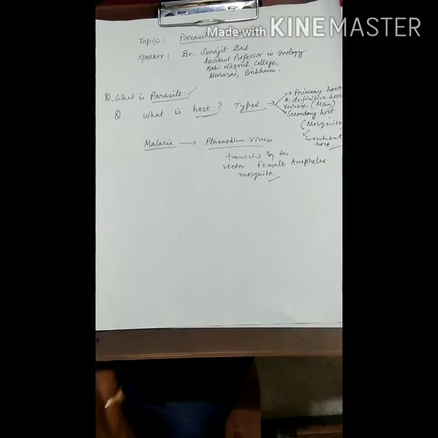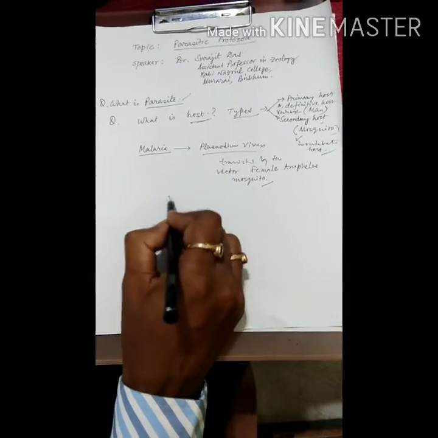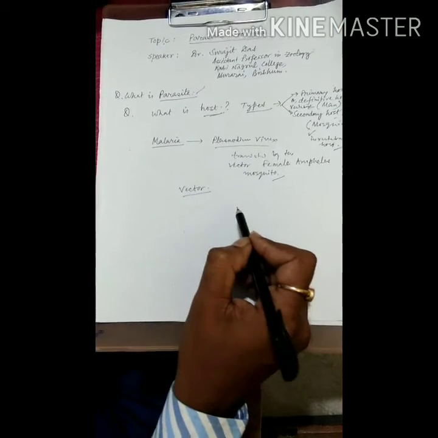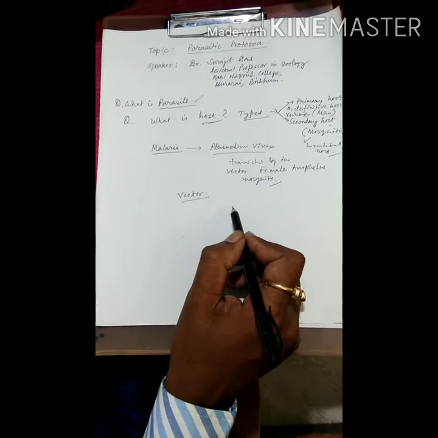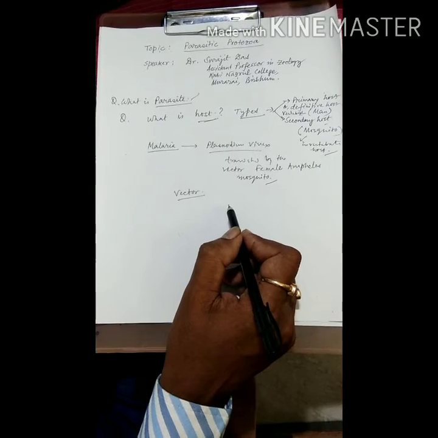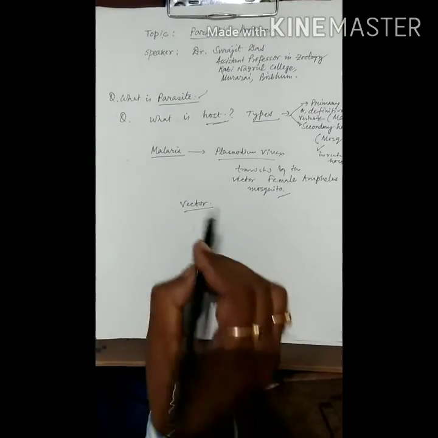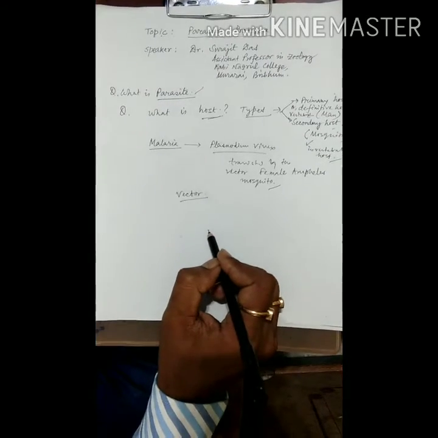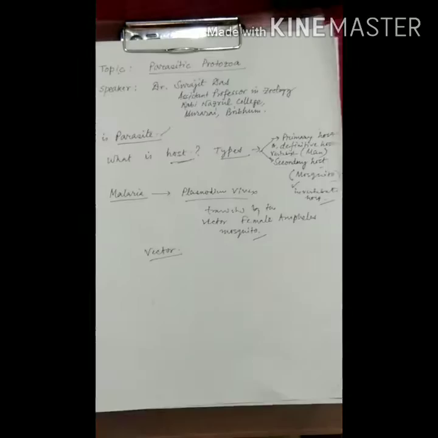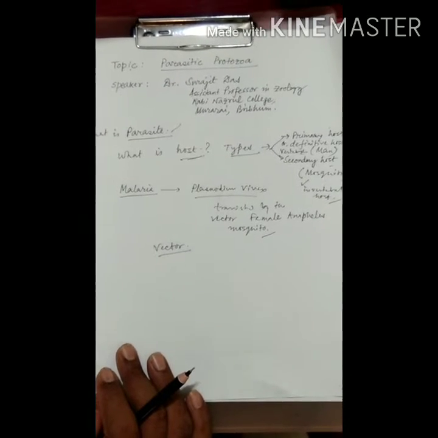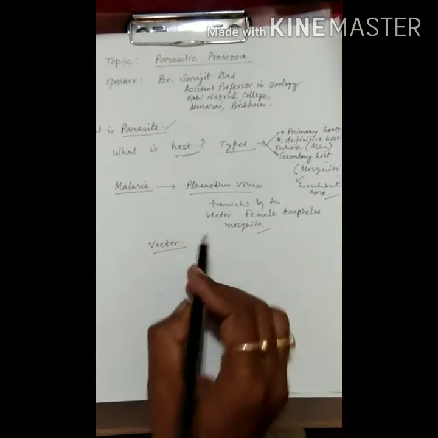That's the two types of host. What is a vector? A vector is the essential intermediate host, usually an arthropod, in which the parasite spends a part of its life cycle. Here, the protozoan parasite Plasmodium is carried by the female Anopheles mosquito.